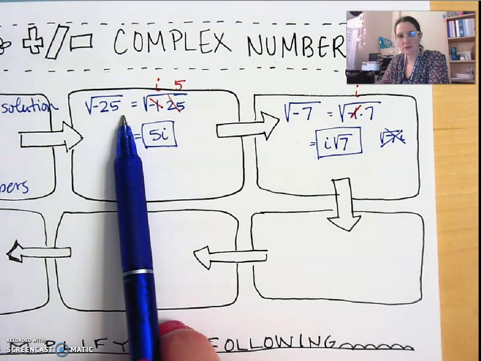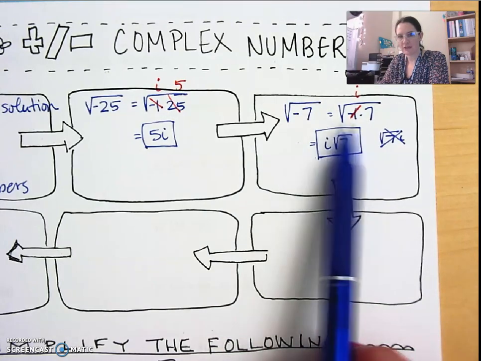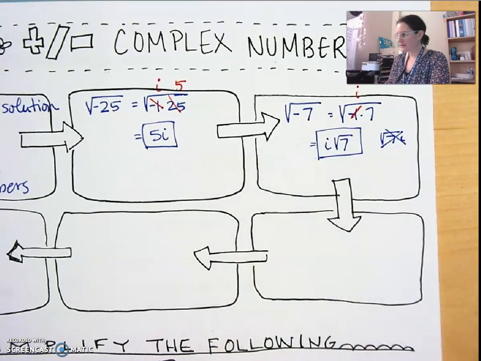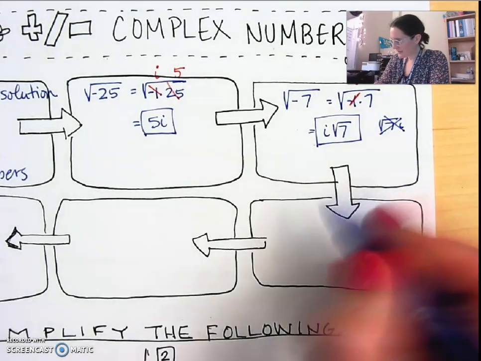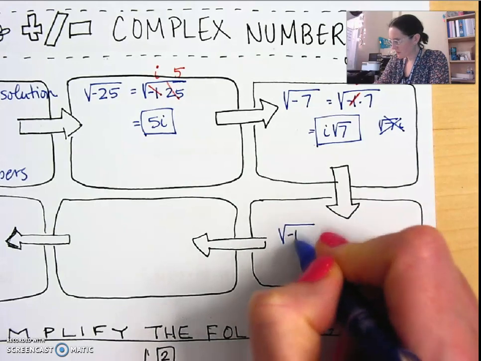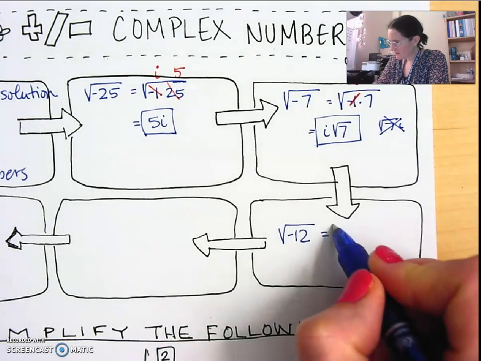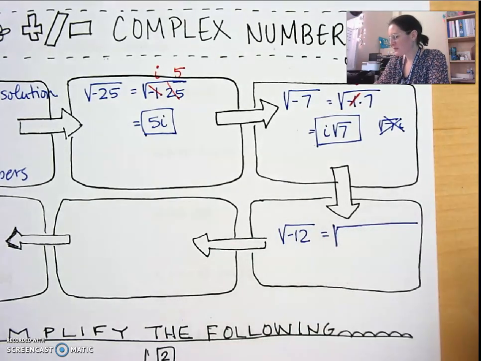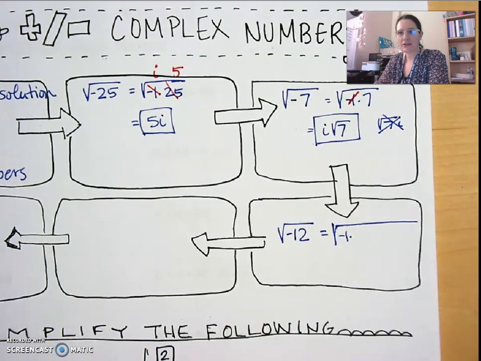All right, so that was a radical with no factoring involved, a prime. Let's look at one that partially simplifies. So let's try square root of -12. I'm going to rewrite that as -1 times, and now I'm going to factor 12.